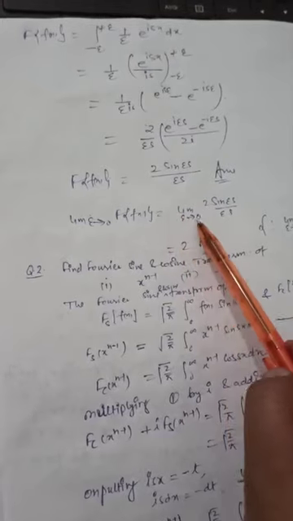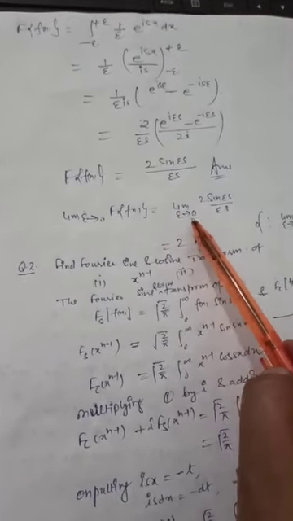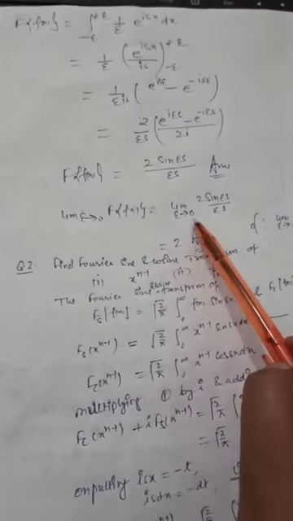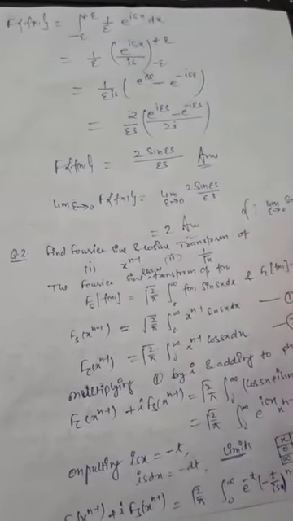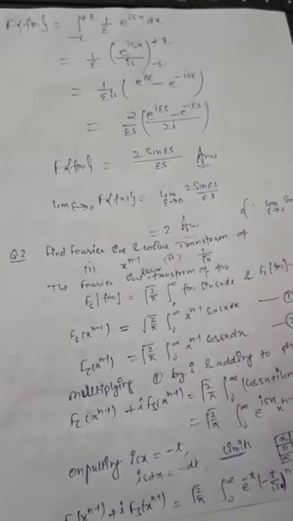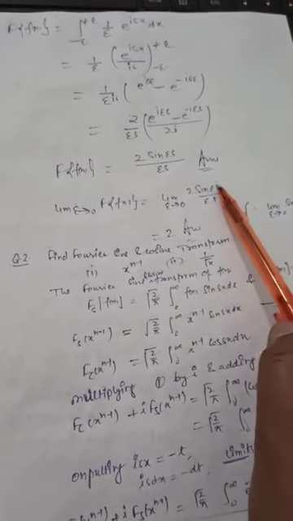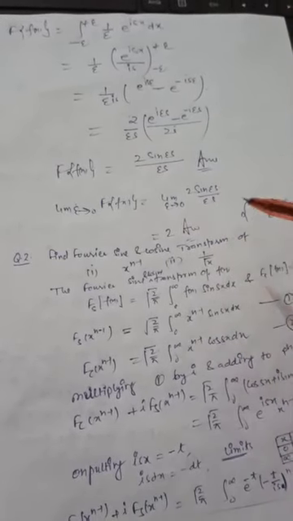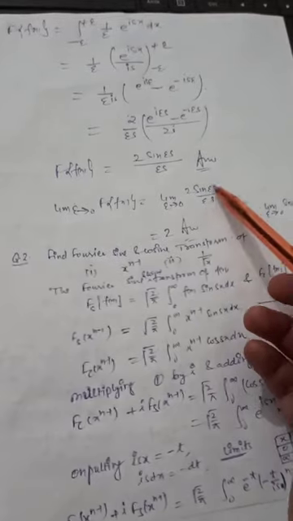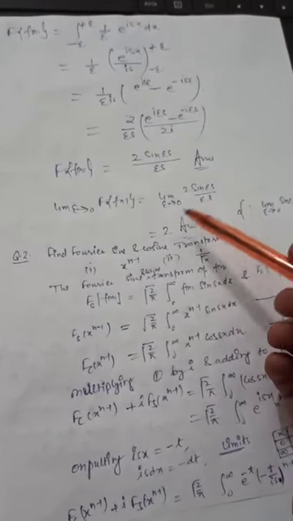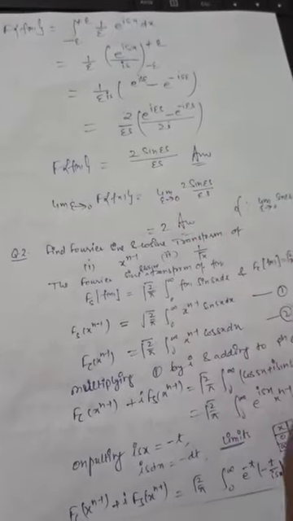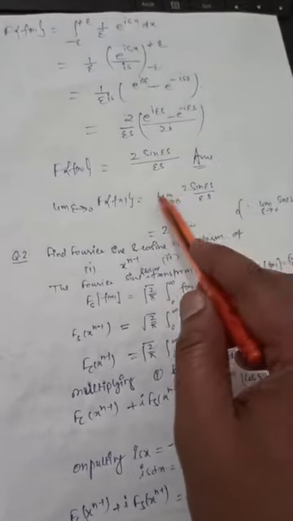As epsilon goes to 0, sine of epsilon s can be written as epsilon s only, so epsilon s cancels with epsilon s, and the answer is 2. So you can easily determine the limit of this portion.